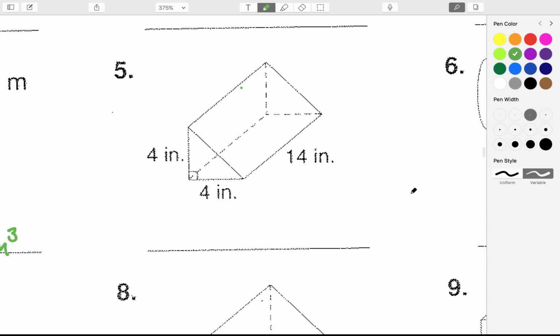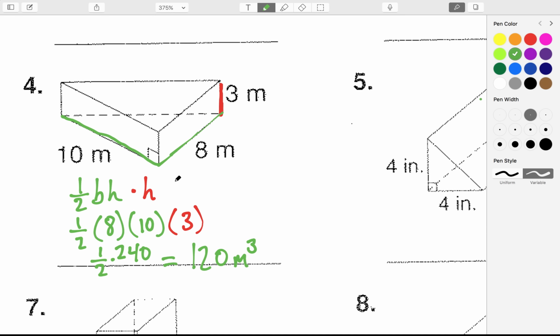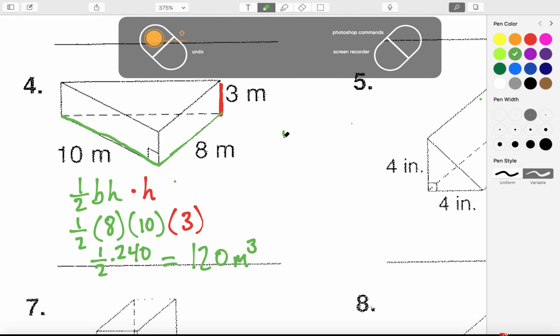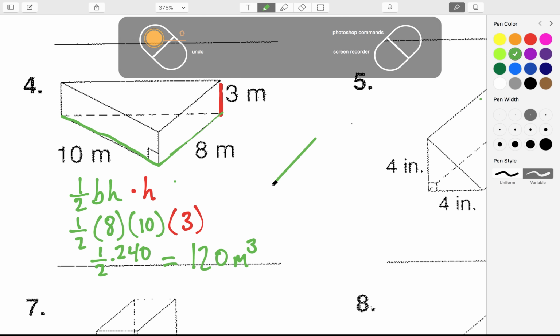Okay. Number 5, same process on this one as well. Here's the difference, though. Notice how on here, I could have redrawn this. I could have actually redrawn it as the rectangle being on the bottom. Let me think how I'm going to make this.